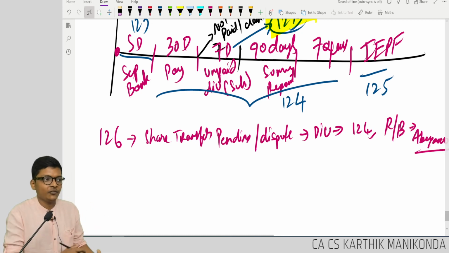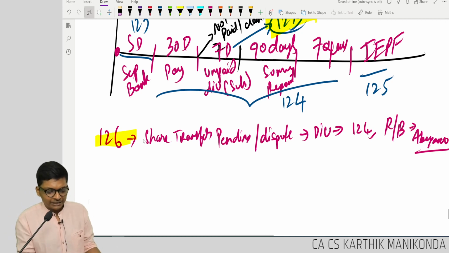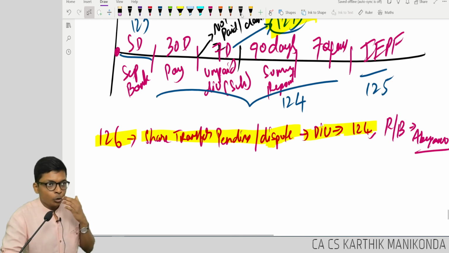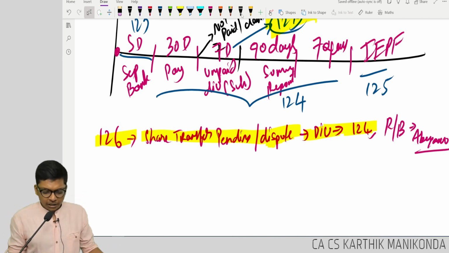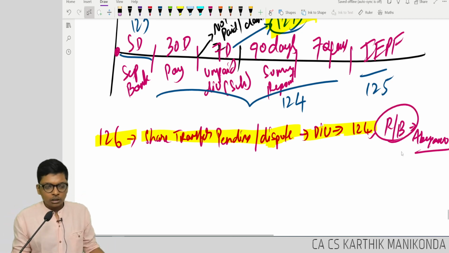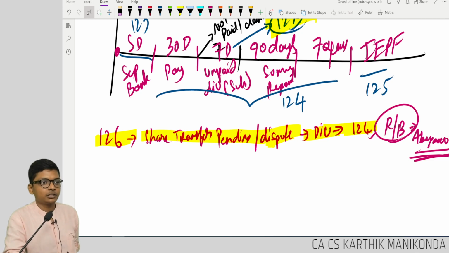One line or 1.5 line. You will summarize the whole section, guys. 126 says, if share transfer is pending or there is a dispute, dividend will be transferred to 124. You don't have to write unpaid dividend account, because you know 124 is unpaid dividend account. Any rights or bonus will be kept in abeyance. That's it. One line or 1.5 line summarize the whole section, guys.